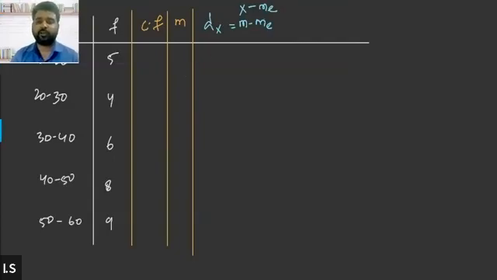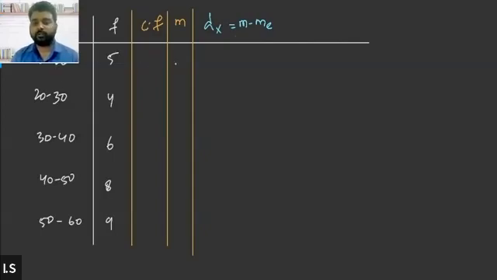But since we only have the class intervals, we won't be able to calculate deviation unless we have the mid value. So instead of writing x minus median, we will be calculating deviation by subtracting the median from the mid value.